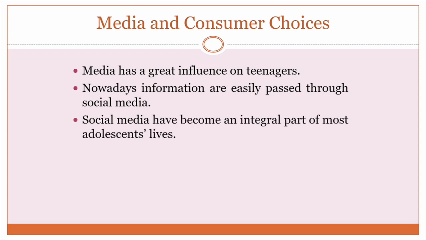Social media have become an integral part of most adolescents' lives. They tend to broaden their social connections through social media networks. Adolescents should be careful not to overuse the internet to avoid internet addiction.